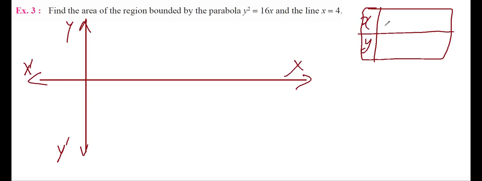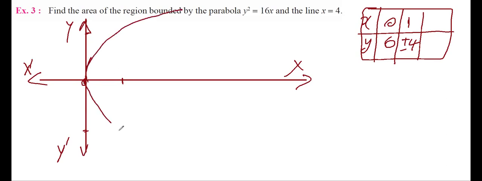When the value of x is 0, the value of y is also 0. So I got this particular point. When the value of x is 1, the value of y will be plus or minus 4. So here it will be plus 4, and here it will be minus 4. So I will get the curve something like this.